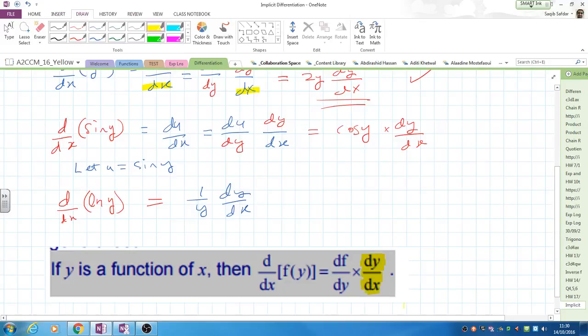You don't actually need to work that out normally; later on you rearrange it, but you just write dy over dx. The main thing to work out is this one here. Is that okay so far? Any questions? Is that clear?